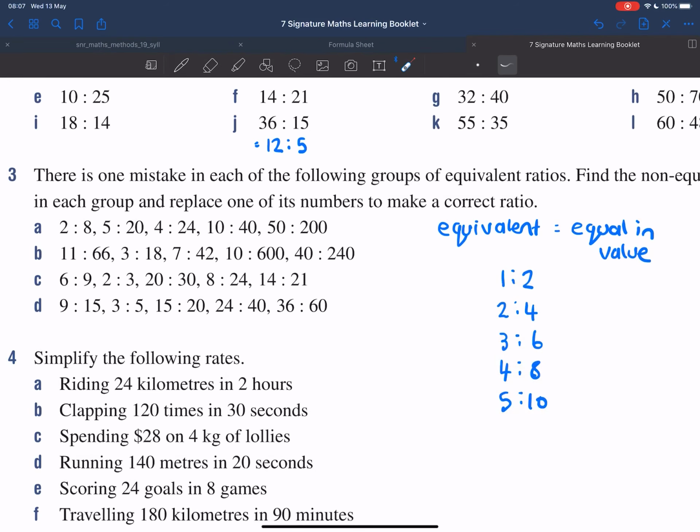Okay, so let's look and see what we can do with our actual question here. Now, 2 parts to 8 parts. Is that the same as 5 parts to 20 parts? How can we work this out?